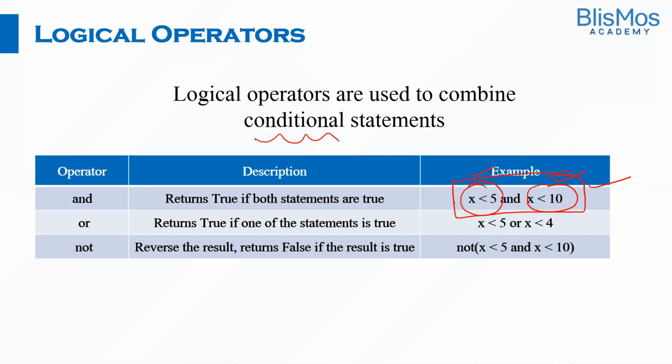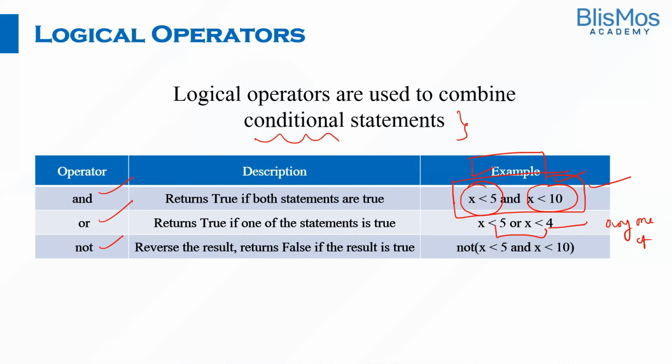So whenever there is a requirement to combine statements, that is when we use the logical operators. We have and, we have or, we have not. And means both the conditions need to be satisfied. Or means if any one of these statements is true, the whole statement is regarded as true.